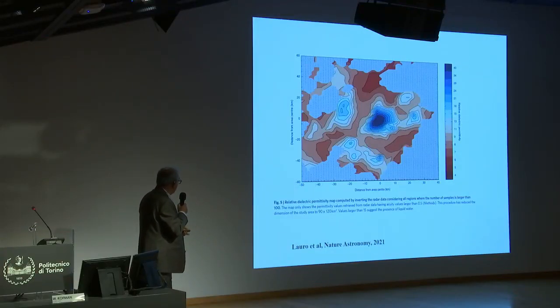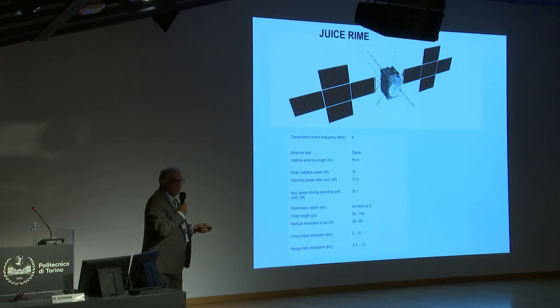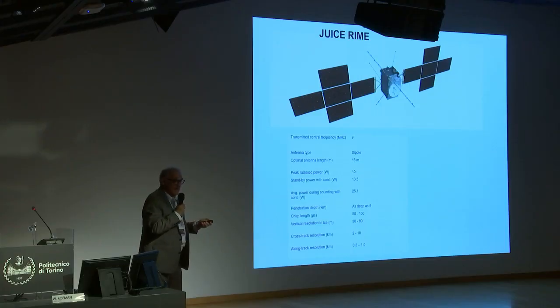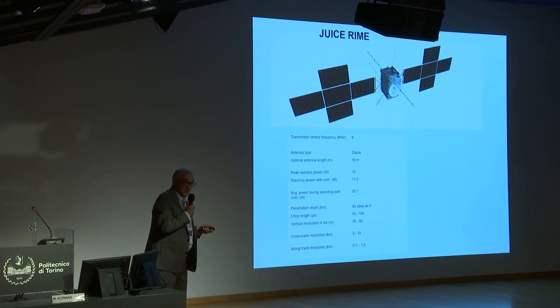Okay, and to finish, I wanted to tell you that you have new radars, which is the JUICE RIME radar, a low frequency radar with a frequency of 9 megahertz. We had a lot of discussion 10 or 12 years ago about which frequency to choose, because it was not easy, since it was not possible to put an antenna of 40 meters like on Mars. Of course it was a compromise, discussing using the data we had 10 to 15 years ago, in fact.